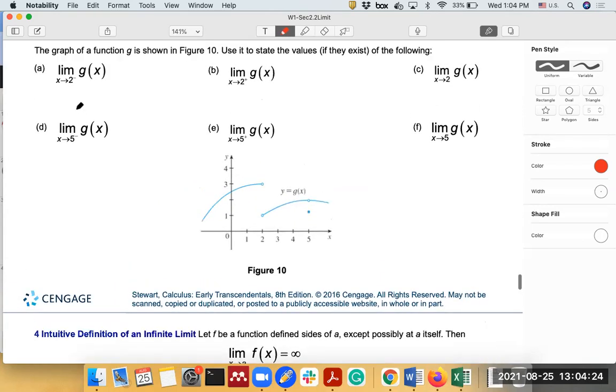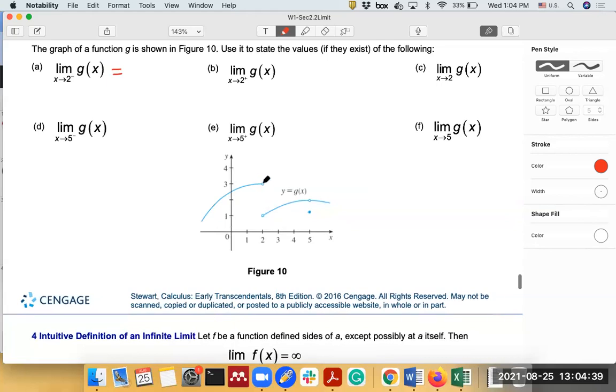Question A, what is the limit of g of x when x approaches 2 from the left? Very good. Here, right? This is number 2, and we can see the limit here. It is 3. Very good. Do you all see it? Good. Keep on zooming.